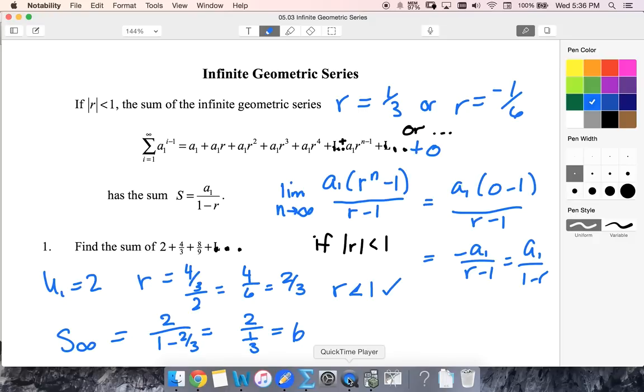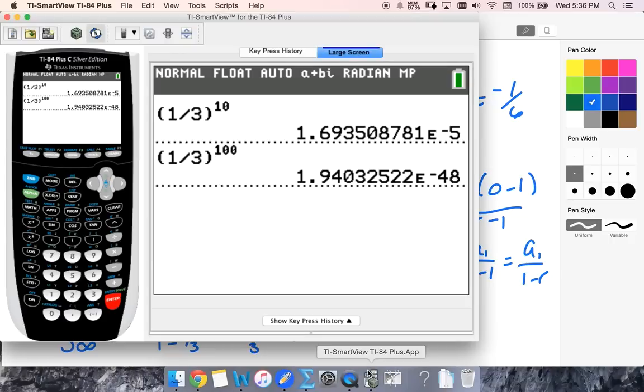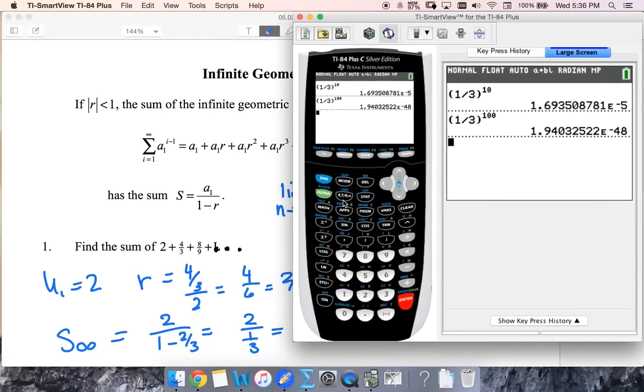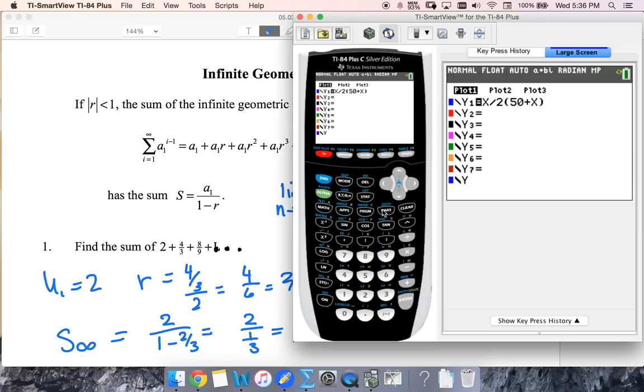Let's look in our calculator and see if our calculator supports this. So I'm going to go into y equals, and I'm going to turn off my plots. I'm going to put in my S sub n, my usual formula.